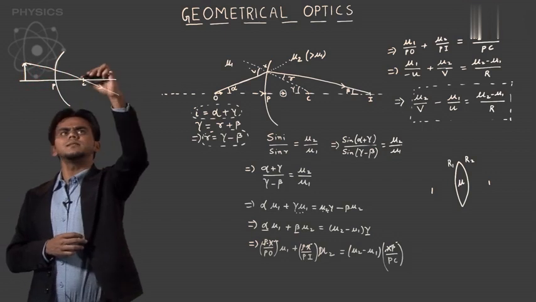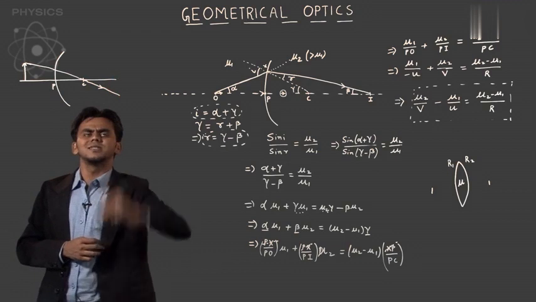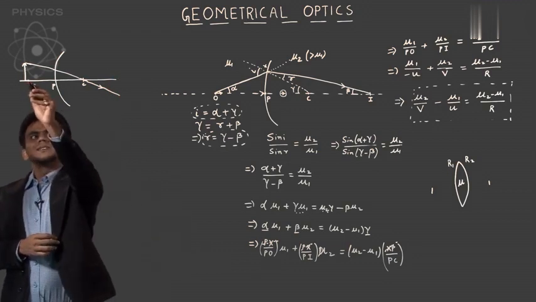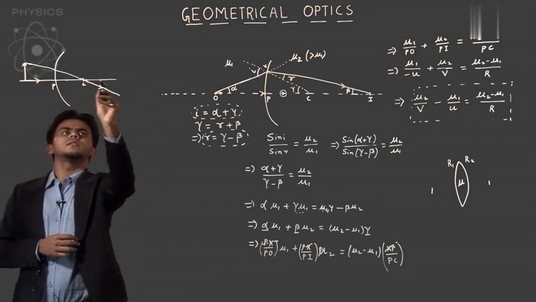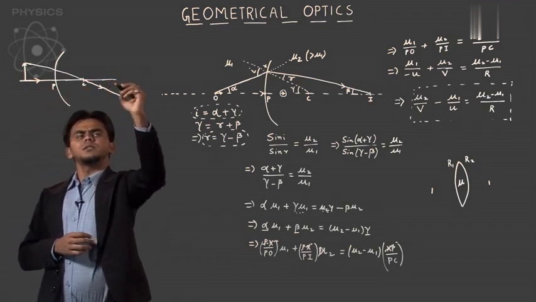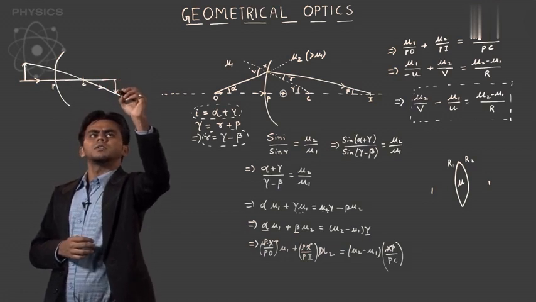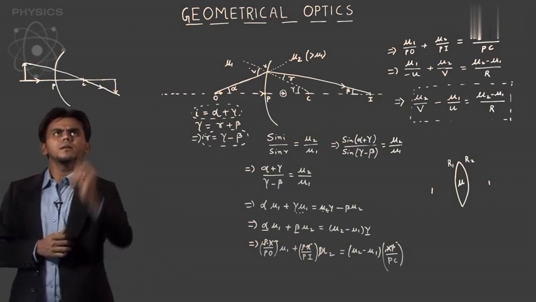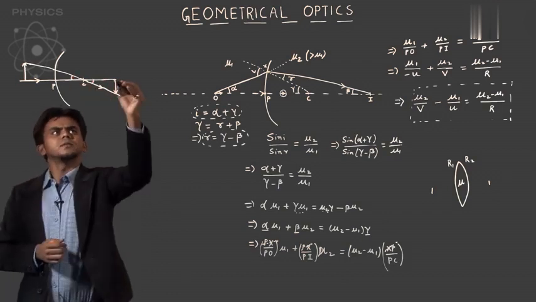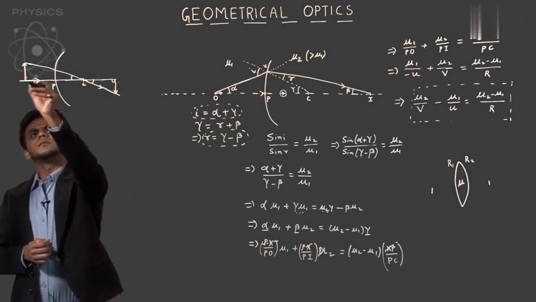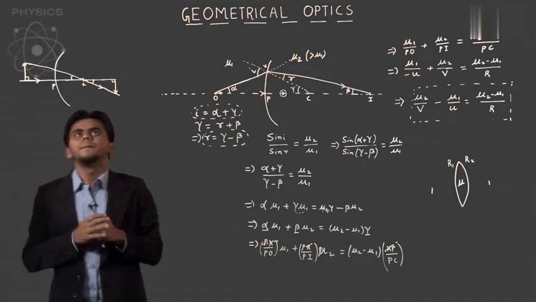because this is normal incidence. For normal incidence, my angle of incidence is 0, so angle of refraction will also be 0. From this, even this is a case of normal incidence, it would also go unrefracted. So I will just draw the image like this. Now, this angle is equal to this angle, vertically opposite angles. This is 90, this is 90, which means these two triangles are similar.